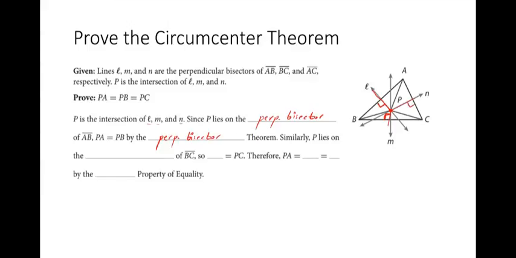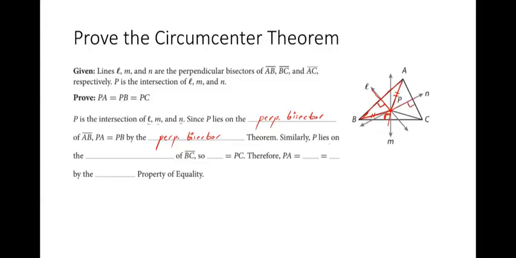So PA is right here, and that's got to be equal to PB right here, because when you do this whole perpendicular bisector of AB, just like the original example I drew you, you know that these two segments should be congruent to each other because of the perpendicular bisector theorem.